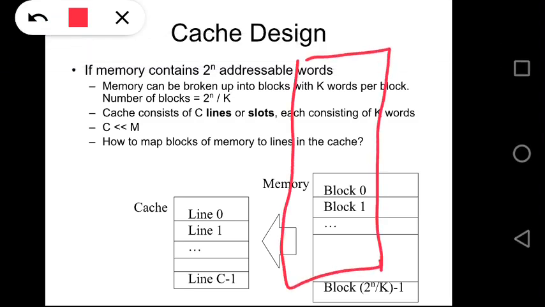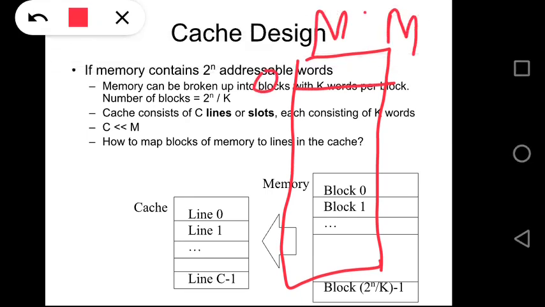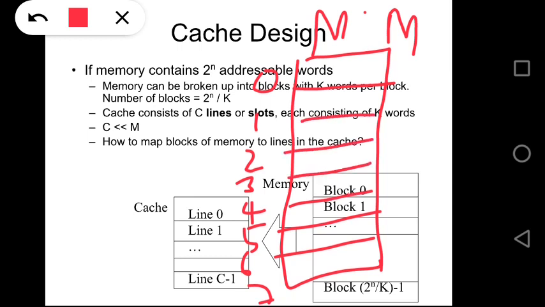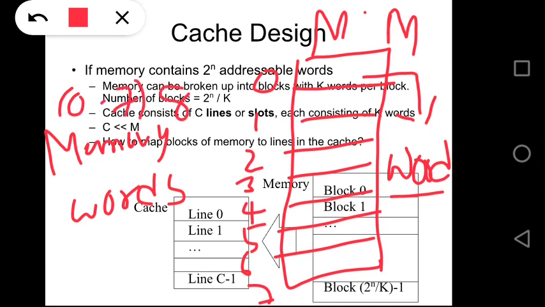If this is my main memory and this has been divided into, let's assume, 0, 1, 2, 3, 4, 5, 6, 7 for a simple case. So this main memory is divided into memory locations, or these memory locations are also called memory words. How many memory words are there? 0 to 7, so a total of 8 memory words.